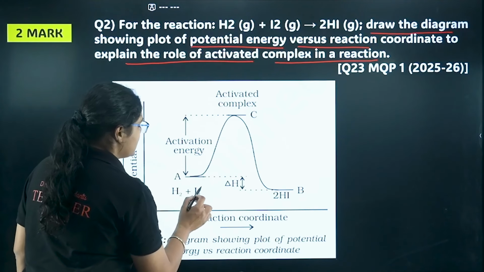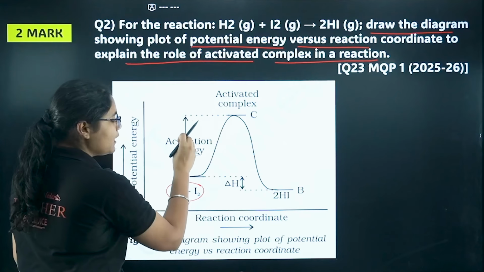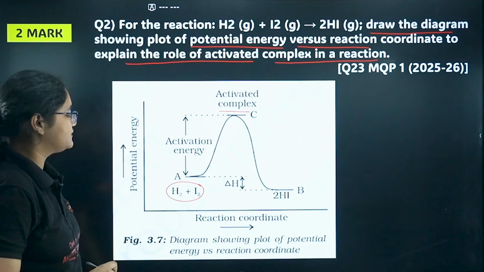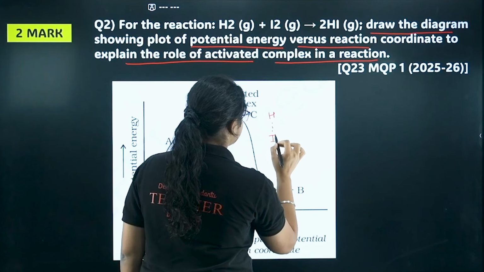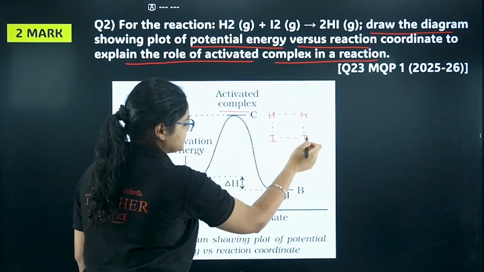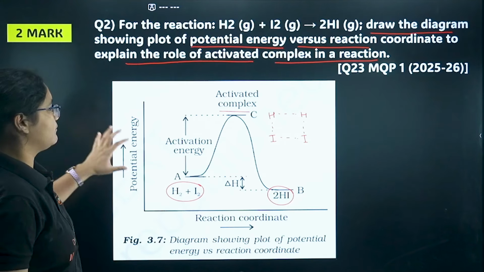Here H2 plus I2 are the reactants, and when you provide activation energy, it gets converted to an activated complex. It actually looks like this. Then after that, this bond forms, this bond breaks, and we get 2HI. Clear? So this is the diagram you have to draw.